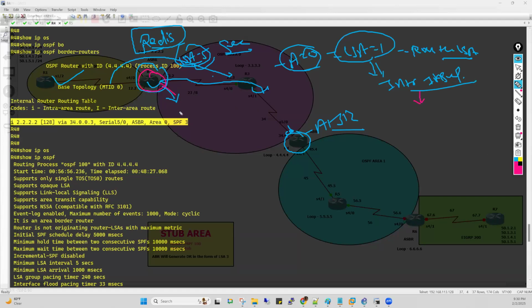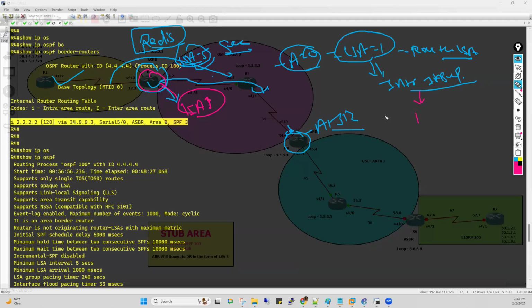When this router generates the LSA number 1, please remember this, there is some flag bit. I'm not going to tell you the flag bit in detail, that is a very advanced thing. But for your information, in LSA there is a flag bit, and in the flag bit there is an E bit.